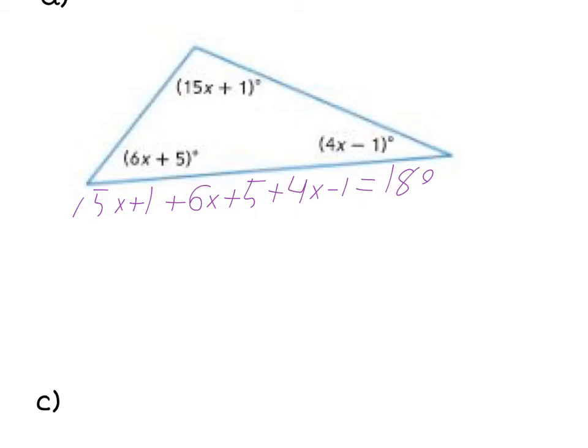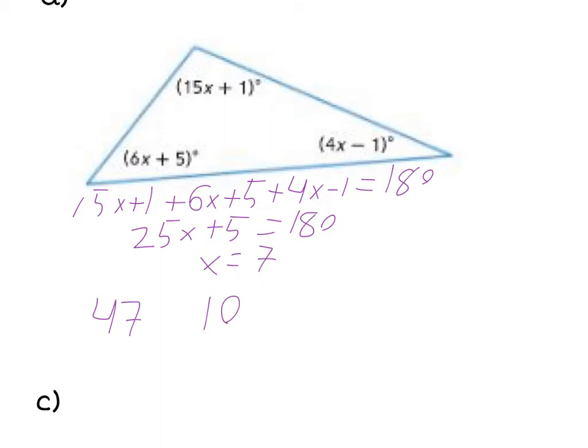If we combine all our like terms, we'll end up with 25x plus 5 is equal to 180. Simplify down, we'll end up with x is equal to 7. We plug that 7 back into each of these three equations. We're going to end up with an angle of 47, an angle of 106, and an angle of 27.